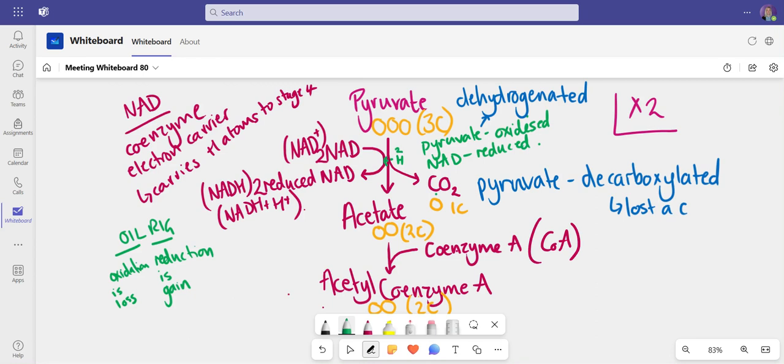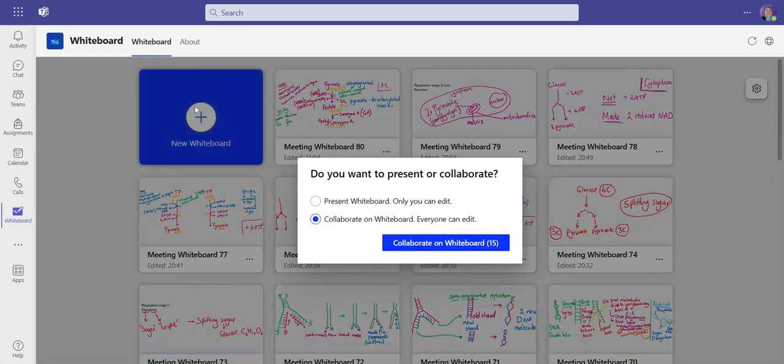This section doesn't make any ATP molecules. Okay, so there's no ATPs to add up here, but it is important that we've got 2 acetyl coenzyme A's, which are the starting point of the Krebs cycle, and we've got some reduced NAD, which are really important for stage 4. So let's look at a summary of this.